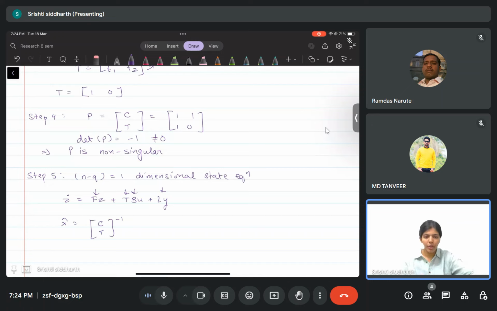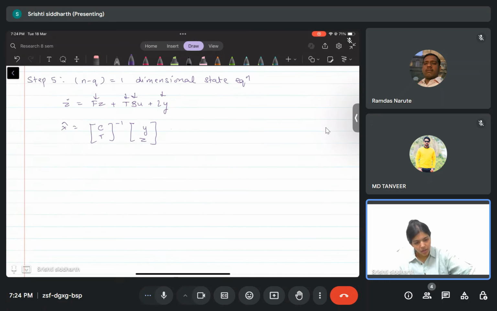That's why we needed P to be non-singular, so that we can take its inverse. This will generate an estimate of the original nth order system, an estimate of x, which for our case is in R2.